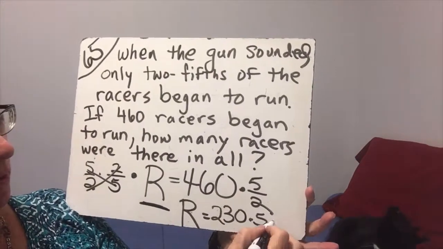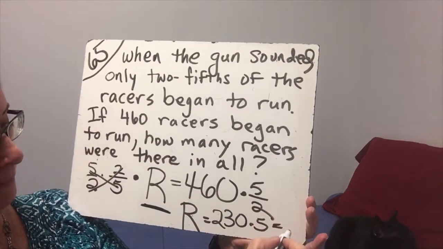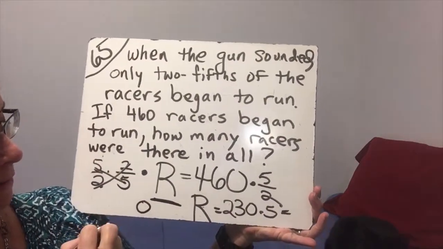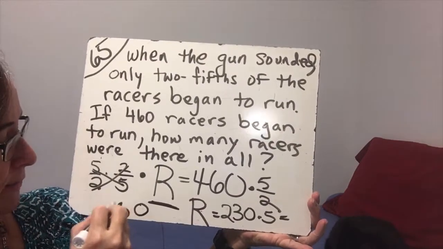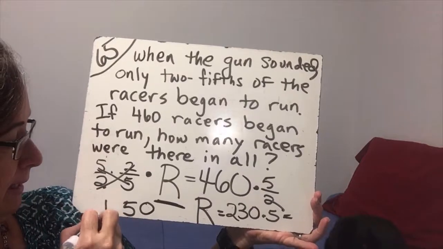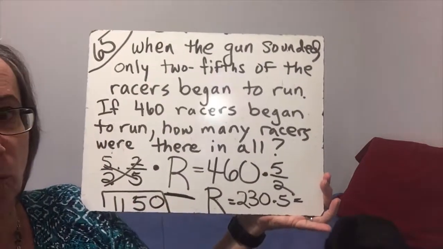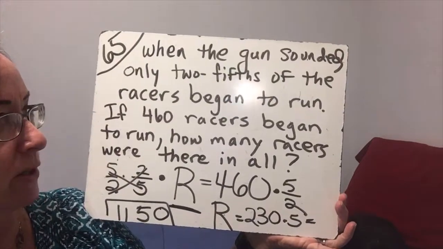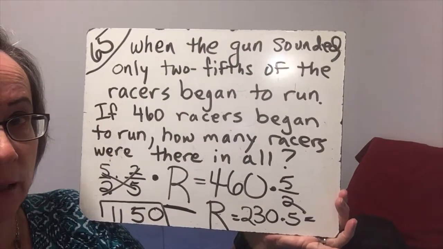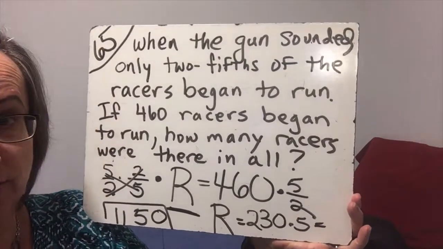Okay, so let's see if we can do that. 0 times 5 is 0. And 3 times 5 is 15. Carry the 1. And 2 times 5 is 10, plus the 1 is 11. So 1,150 racers in all.